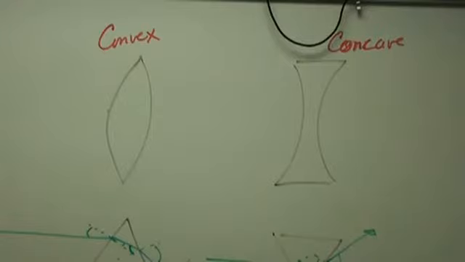Now, everybody, how can I change the focal length of this lens? Where these lines are going to converge? I could make the shape different, right? So I could make my lens shape like that, like this, or like this.